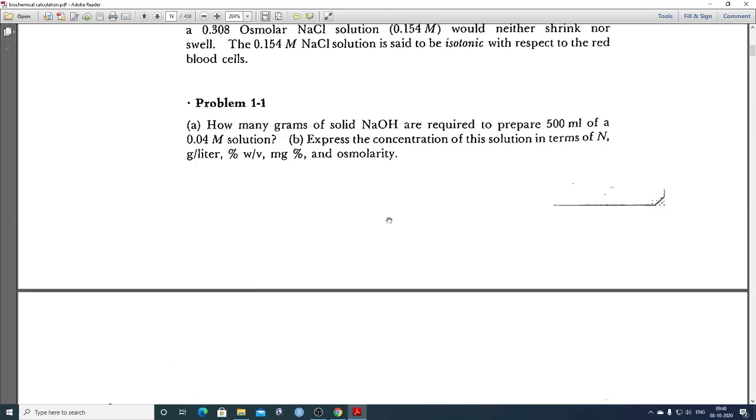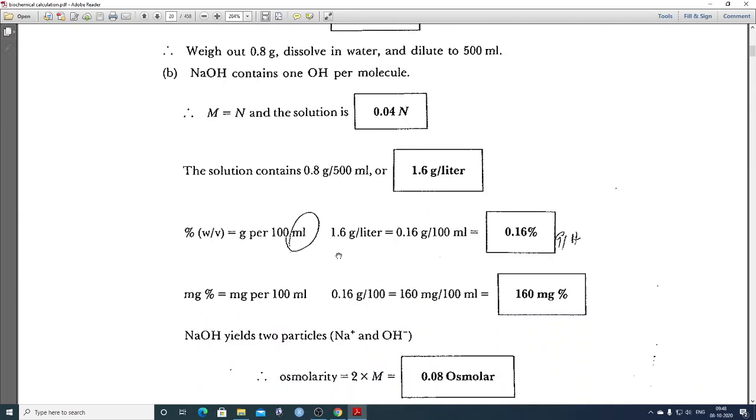So next thing we want to calculate is the expression: normality, grams per liter. NaOH contains one OH per molecule, so n is equal to 1, and molarity is equal to normality.